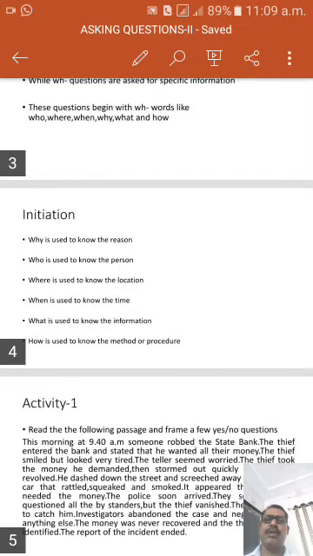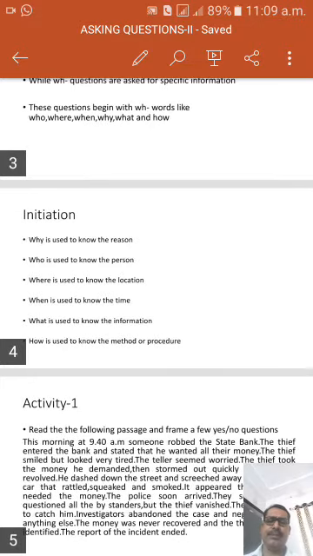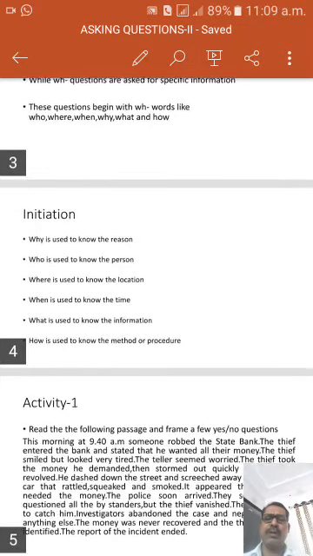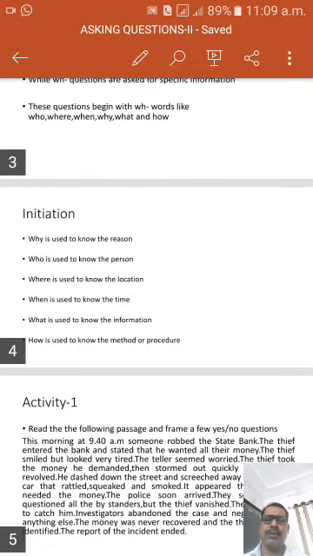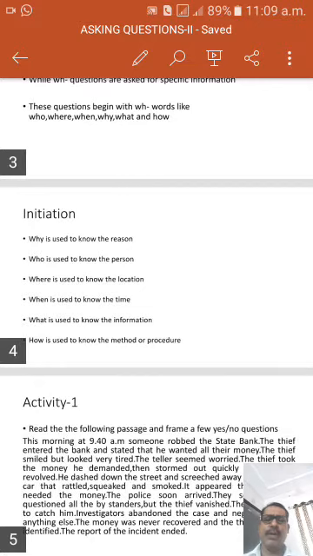The second question is who, used to know the person. To know the person, we use who. Who is that person? Who completed this assignment? Who wrote this letter? Who wrote this poem? Who wrote this book?